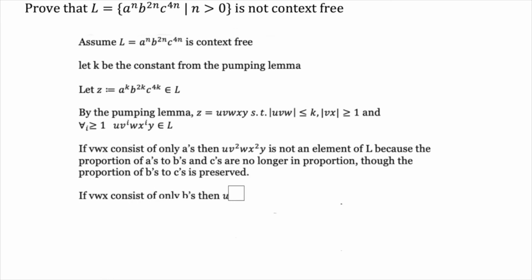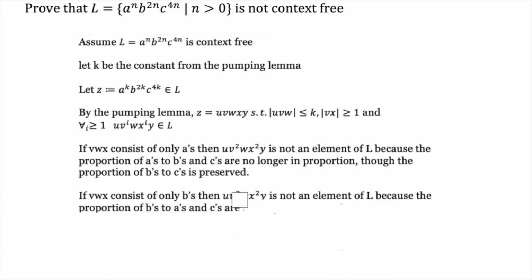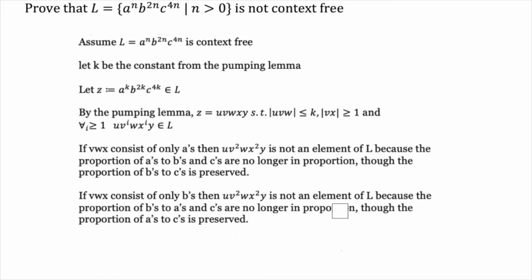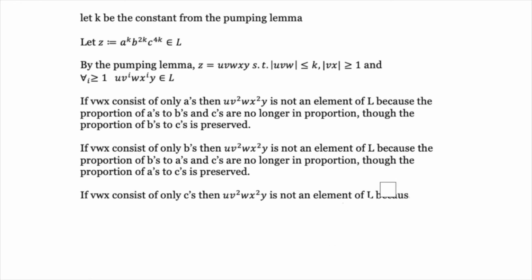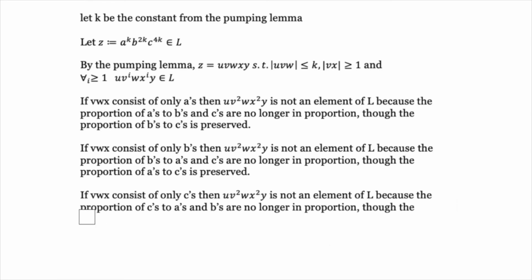If v, w, and x consisted of only b's, then pumping the word would again not be an element of L, because this time b is out of proportion from the block of a's and c's. If instead v, w, and x consisted of only c's, for the same reason, pumping this word would result in a word that is not in the language L, because this time the block of c's is out of proportion from the block of a's and b's.